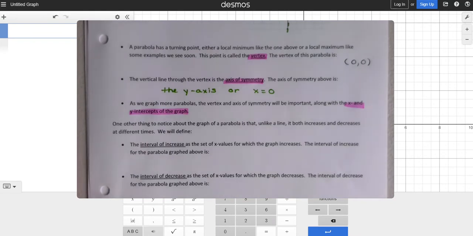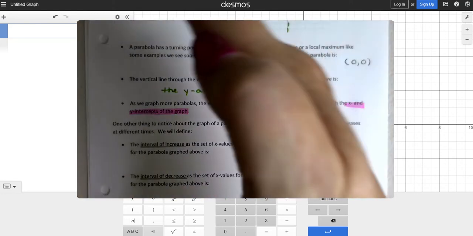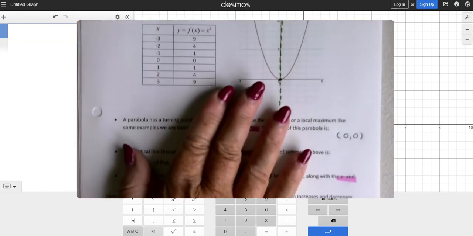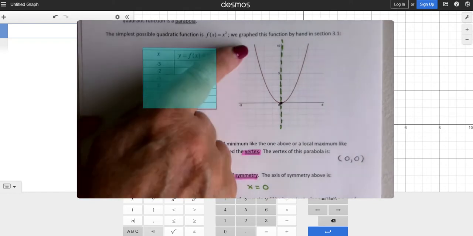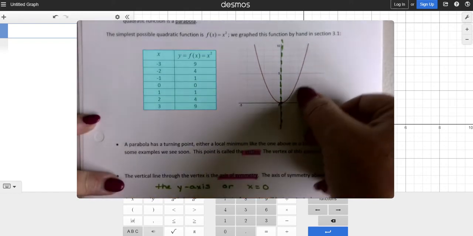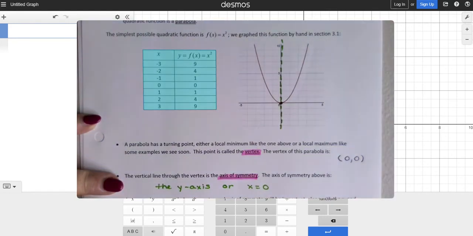All right, one other thing to notice here, just sort of in general before we get down to some specifics, is that unlike a line, right, a straight line, which either increases or decreases all the time, a parabola does both, right? If you look up at this graph again, the parabola decreases for a while, and then after the vertex here, it increases.